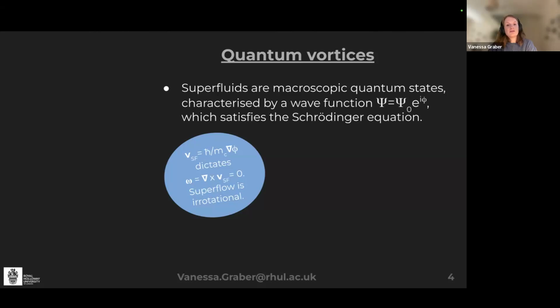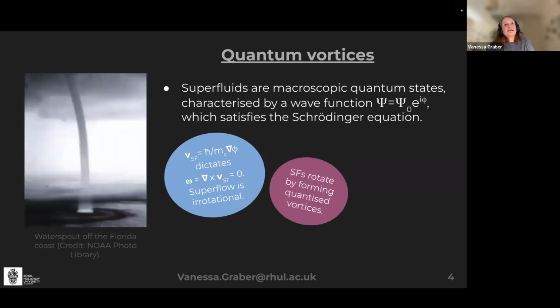If we define a superfluid velocity as the gradient of the phase of this wave function, we can deduce that the vorticity is 0, so the superflow is irrotational, and superfluids in that case can't rotate like classical fluids. That's something that you all know very well, but we have to have these singular structures where the superfluid flow rotates around a vortex-like structure.